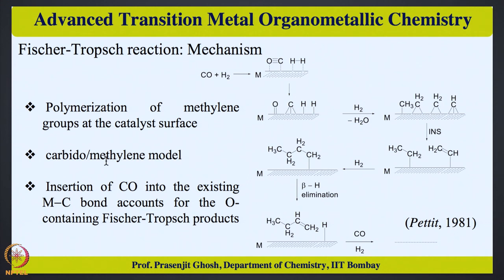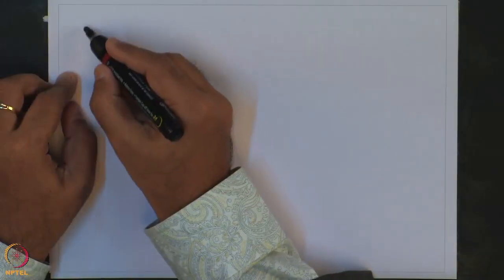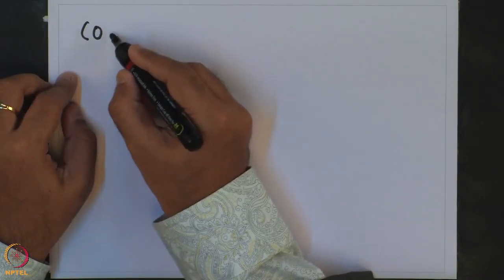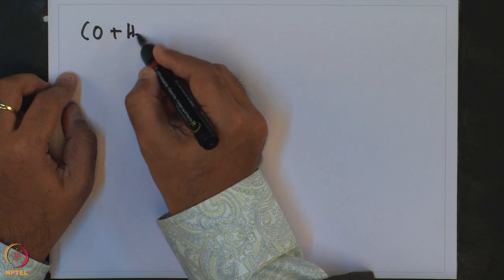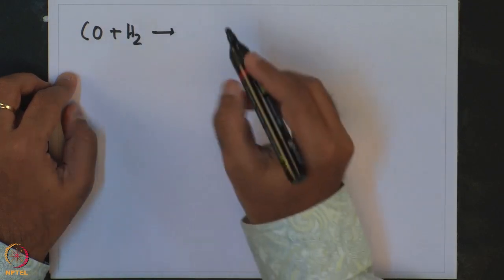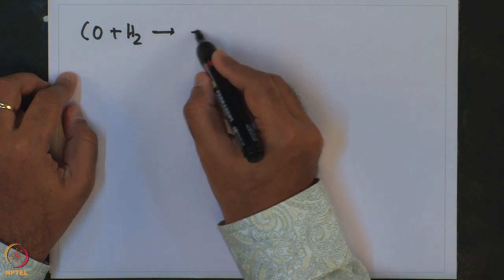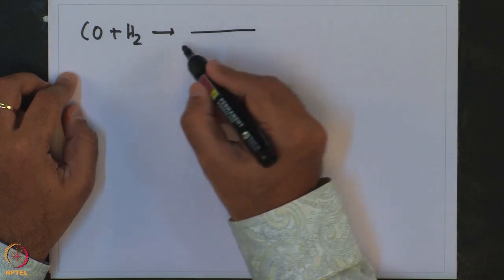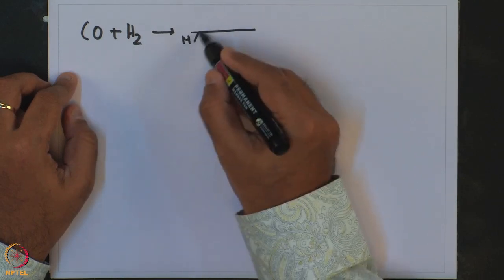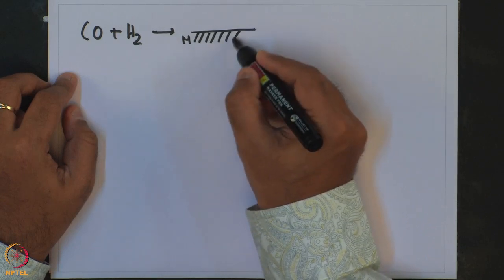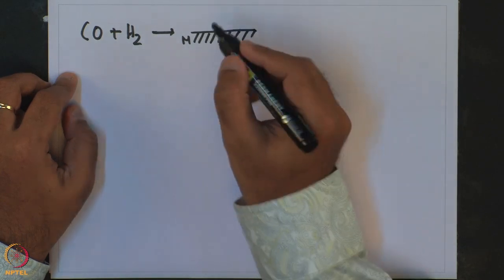So, the reaction starts with CO plus H2, and the metal is given as M, and this is the metal surface.